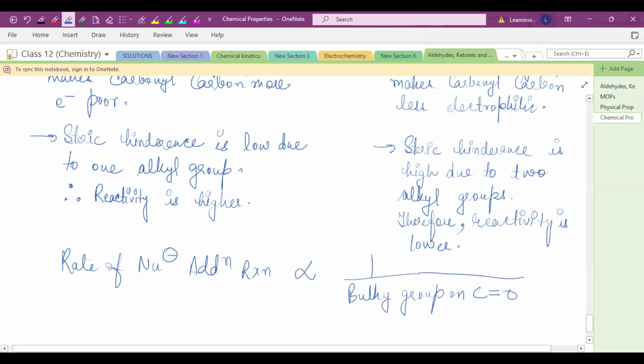Whenever more bulky groups are present on the carbonyl carbon, the rate of nucleophilic addition will be less. So the rate of nucleophilic addition reaction has an inverse relationship with the bulky group. The more the bulky group, the less the rate of reaction, and vice versa. Is it clear? Yes, ma'am.